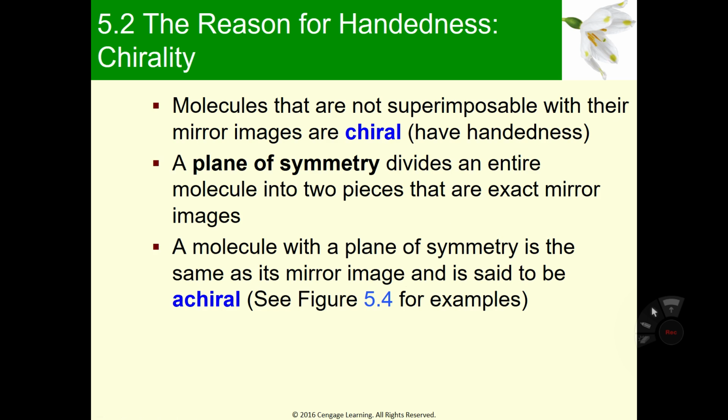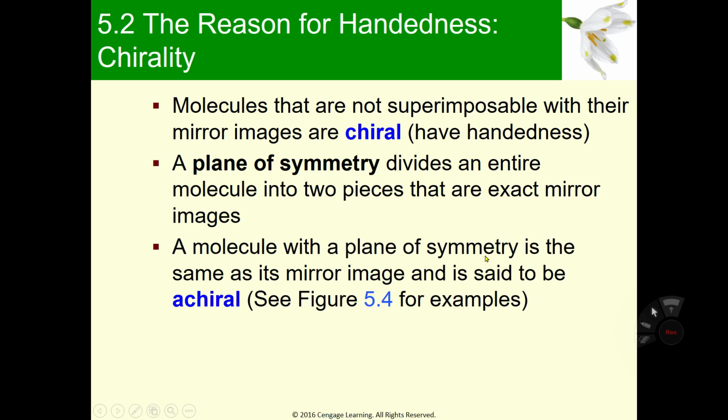Now we have a question. What is the reason that sometimes molecules can be overlapped with the mirror image, and sometimes they cannot? What is the principle behind that? Actually, the reason a molecule can be overlapped with its mirror image is because the molecule itself contains a plane of symmetry.